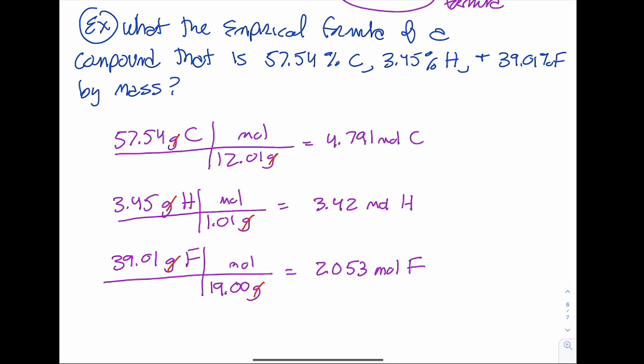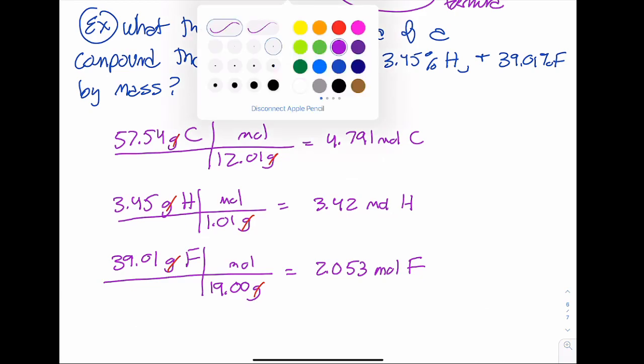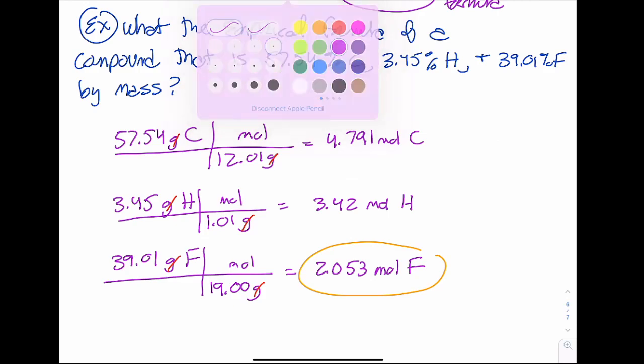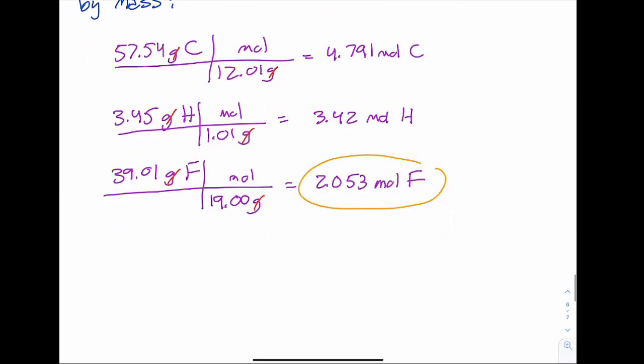So I got 4.791 moles of carbon, 3.42 moles of hydrogen, and 2.053 moles of fluorine. This is where we're going to pick the smaller of the numbers. So 2.053 is smaller than my other numbers of moles, and that's going to get divided into the other 2.